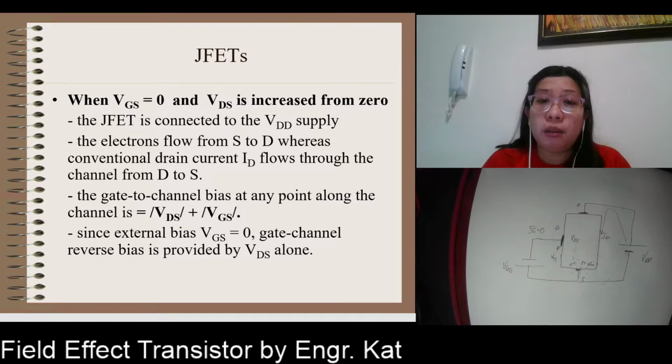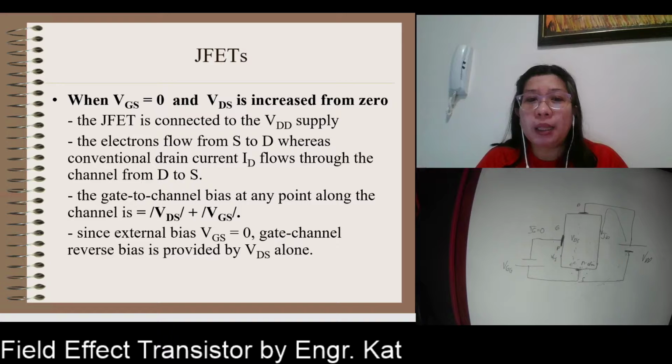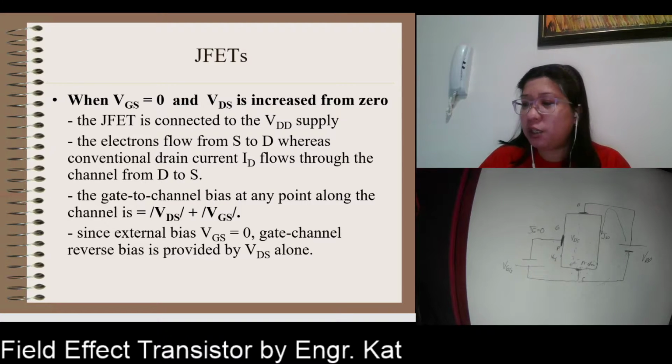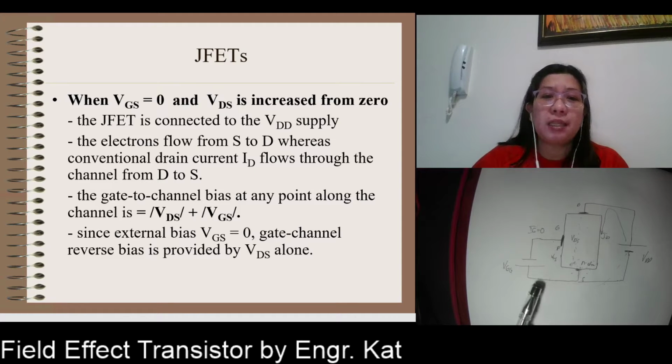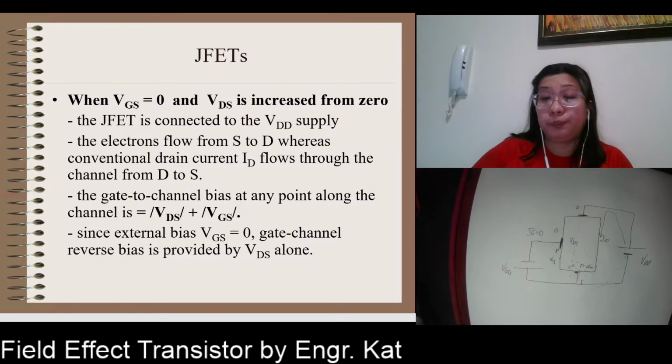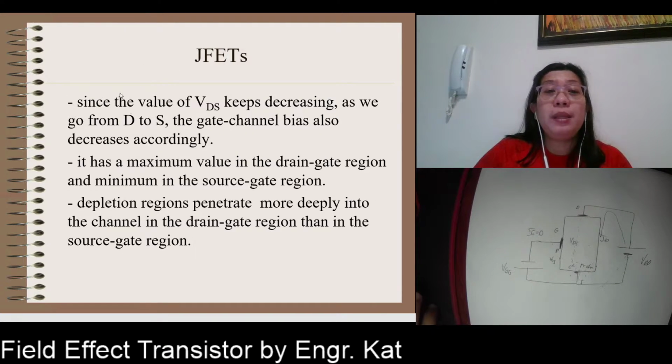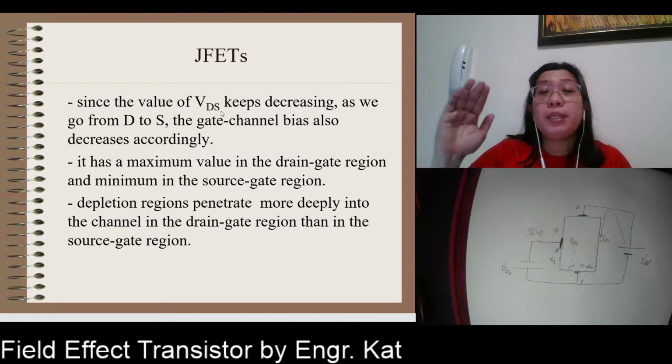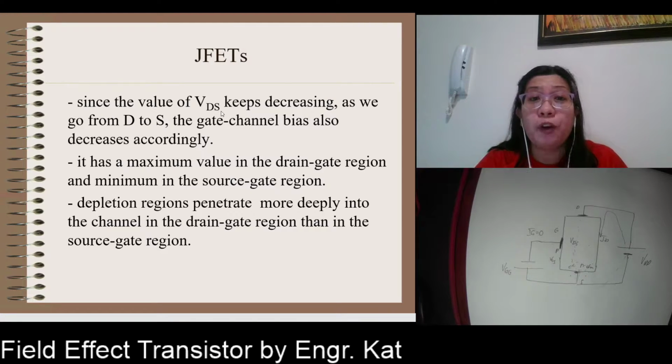The gate-to-channel bias at any point along the channel is equivalent to the VDS plus VGS. But since the external bias VGS is equal to 0, the gate channel reverse bias is provided by the VDS alone. So what happens is, since the value of VDS keeps decreasing as we go from the drain to source, the gate channel bias also decreases accordingly.